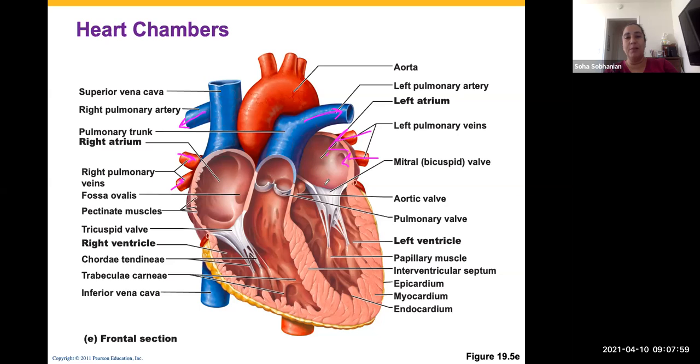From left atrium, blood moves down to your left ventricle. From left ventricle, blood gets pumped out through your aorta, out toward your systemic circulation.